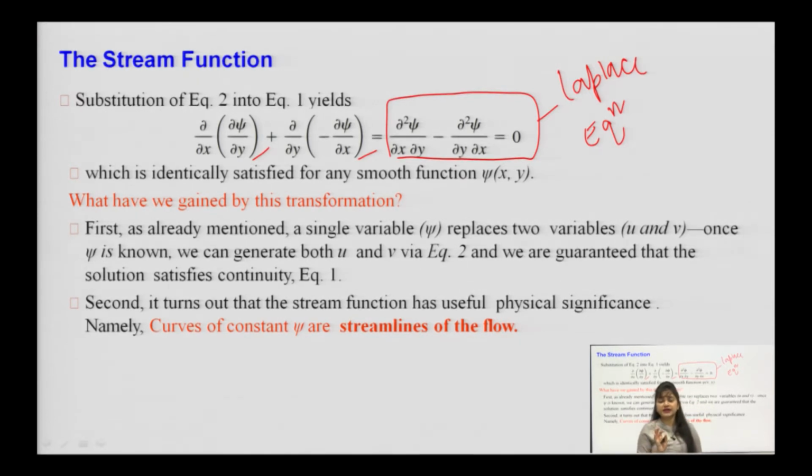Second, with the help of the stream function, keeping it constant, we can draw curves of constant psi that are nothing but the streamlines of the flow.